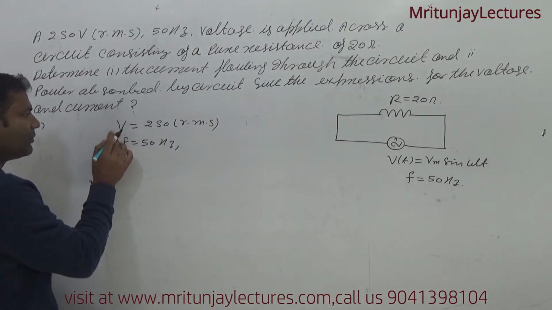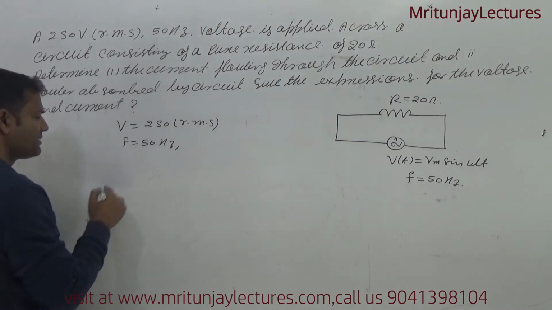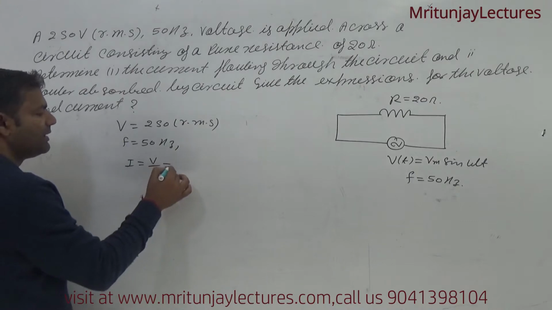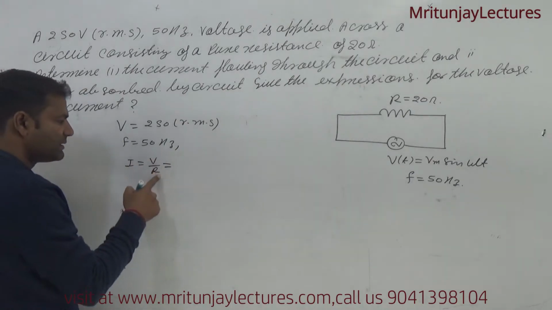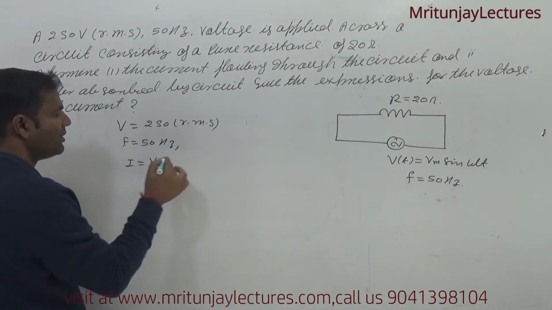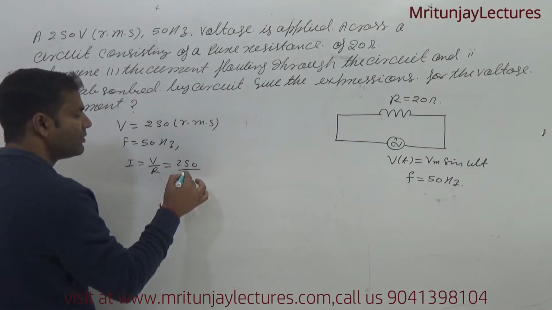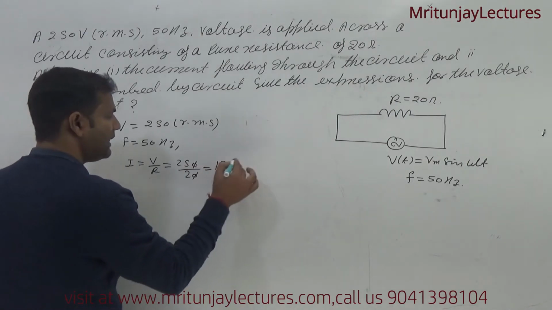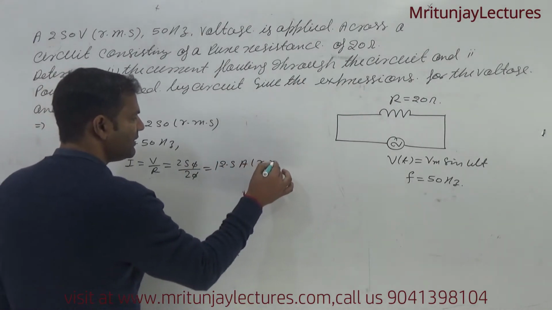If the voltage is given in RMS, then I equals V by R; simply, if the voltage is Vrms, then we get Irms. So 250 divided by 20 is 12.5 ampere in RMS. Clear?